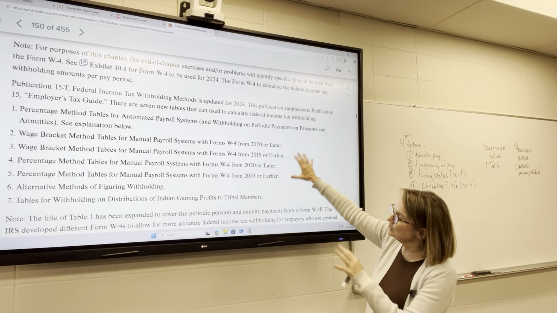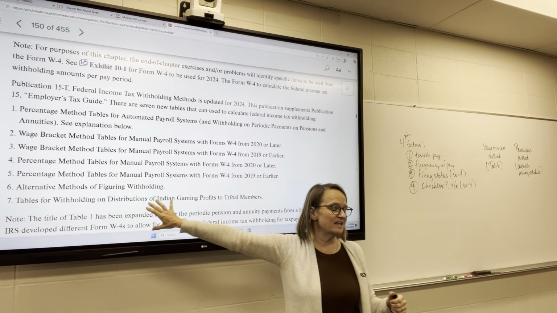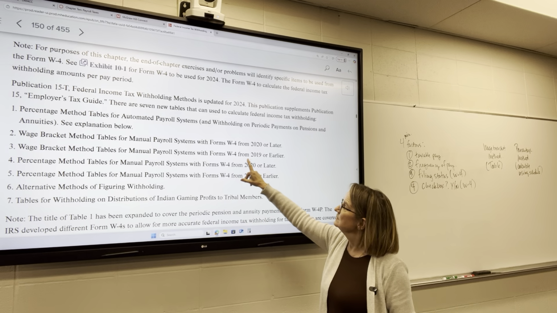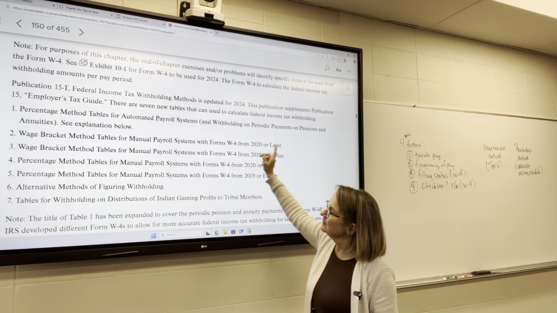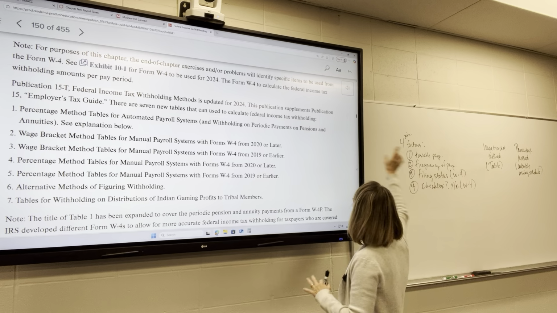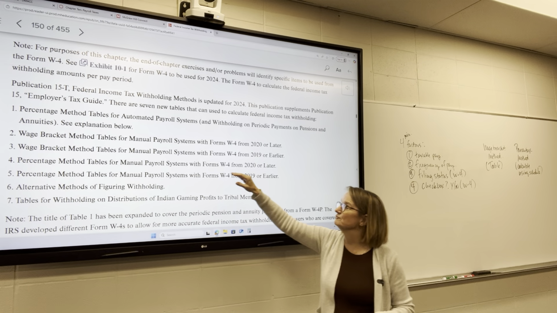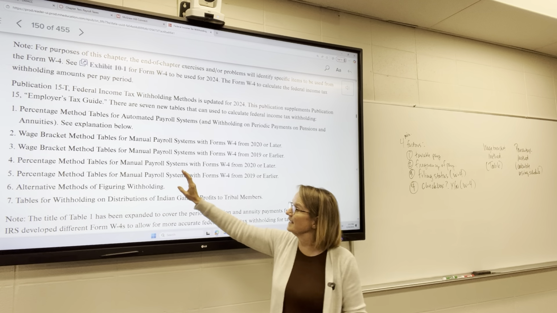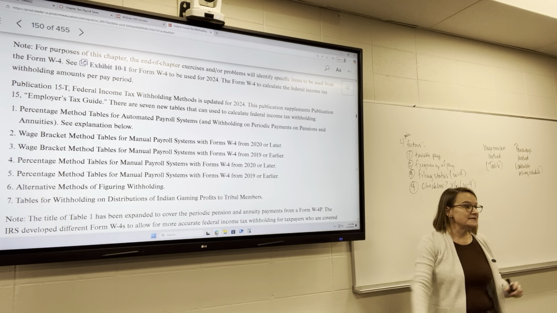you can see these are the different chapters that are in that publication. We've got wage bracket methods for forms W-4 from 2020 or later, wage bracket method for forms 2019 or earlier, percentage method for forms W-4 2020 or later, and then again, percentage method tables for forms 2019 or earlier.